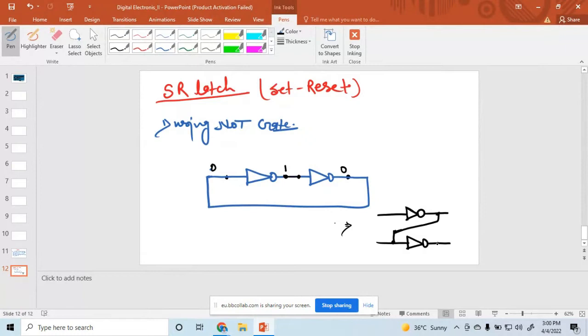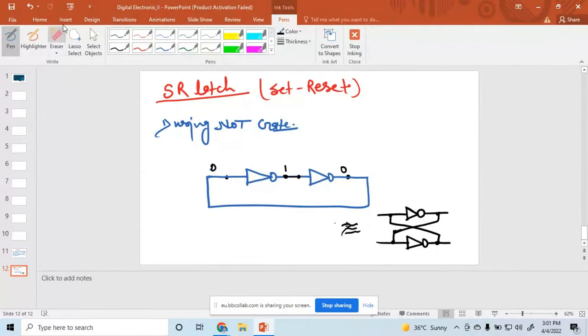So the connection looks like this. When you design using NOT gates, you can arrange it like this.